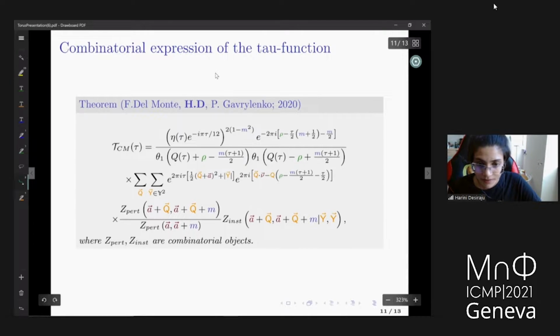Just look out for one more thing: whenever I say A, this is just A comma minus A. So wherever there is a vector, that's what I mean.